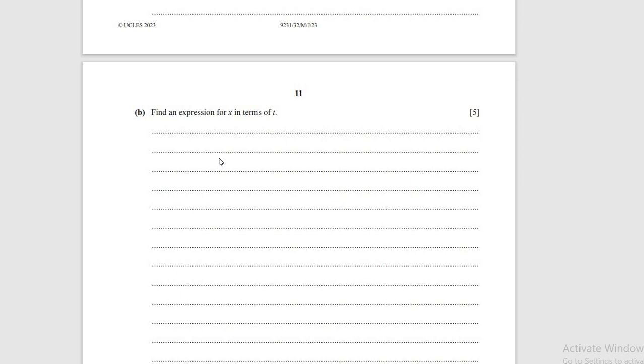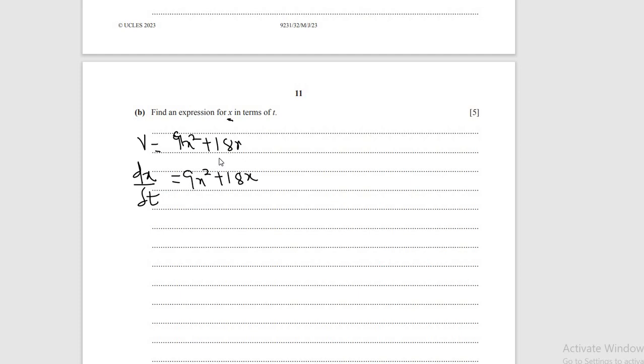Find an expression for x in terms of t. It's easy to get x once you know v. Let's use the normal equation. v is 9x squared plus 18x, and v is dx/dt equal to 9x squared plus 18x.